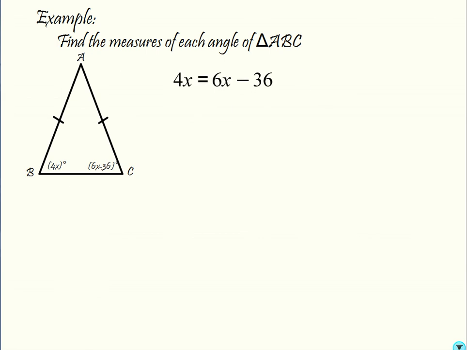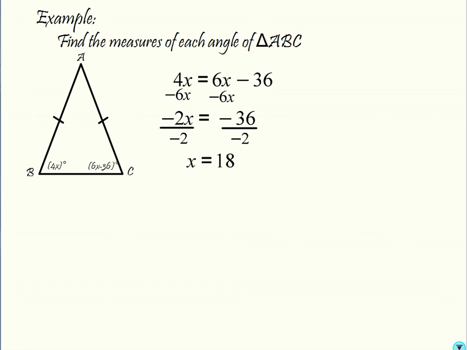So I'm going to set them equal to each other and solve for x. I'm going to start by subtracting 6x from both sides so I can get all my x's together. That gives me negative 2x equals negative 36. And when I divide both sides by negative 2, I get x is equal to 18.